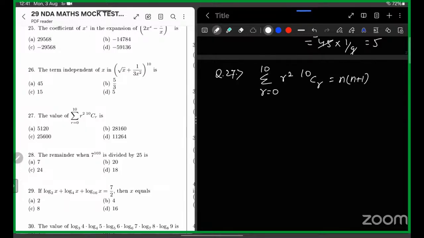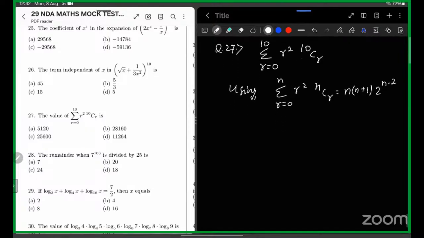This simplifies to n into n plus 1 into 2 raised to power n minus 2. This is the final simplified form after solving it for the nth term. We should write it like this: summation r equal to 0 till n of r squared nCr becomes n into n plus 1 into 2 raised to power n minus 2.